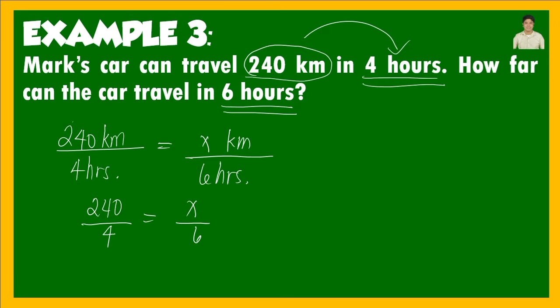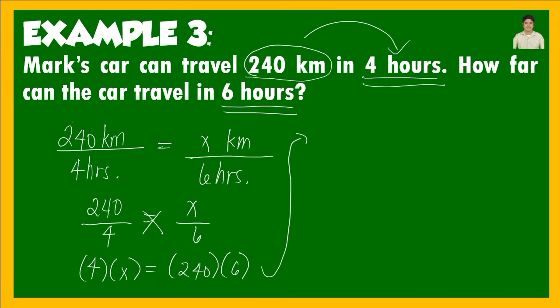And then cross multiply. So, 4 times x equals 240 times 6. Sulat natin dito, 4 times x, the answer is 4x equals the product of 240 and 6 is 1,440.